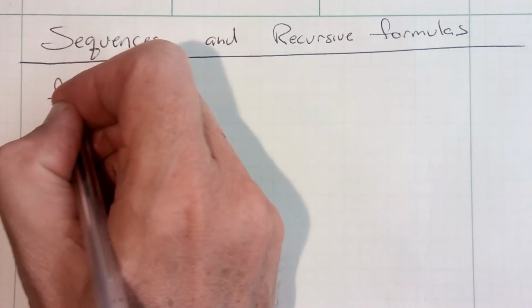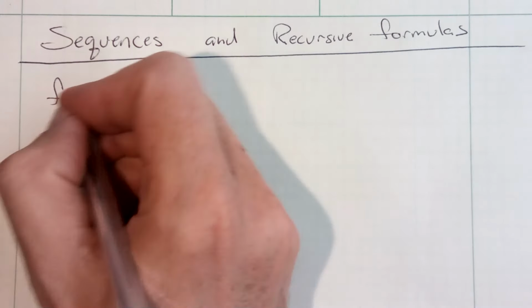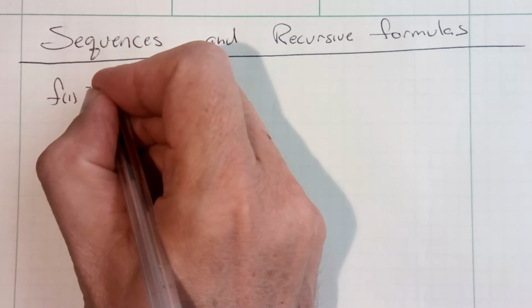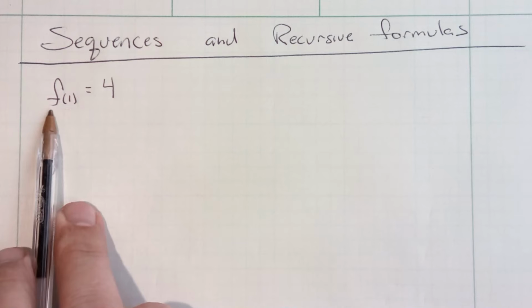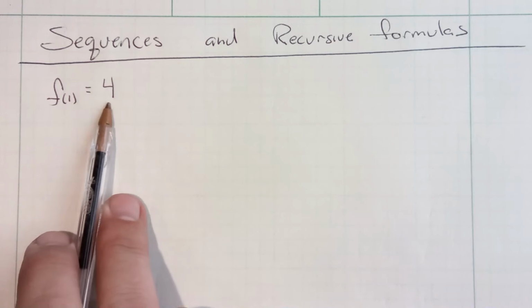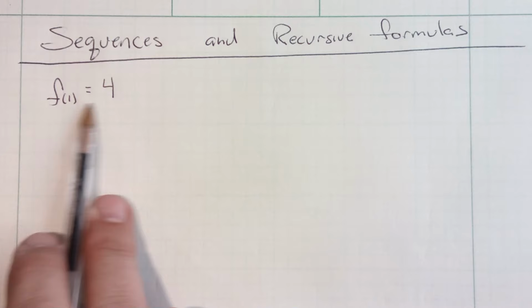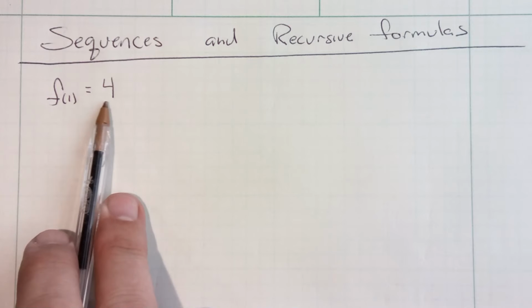Last year I taught a lot of f of 1 giving a value like 4. So in a recursive formula, you'll always have to have some type of a reference point, usually the starting value, the first value being 4.